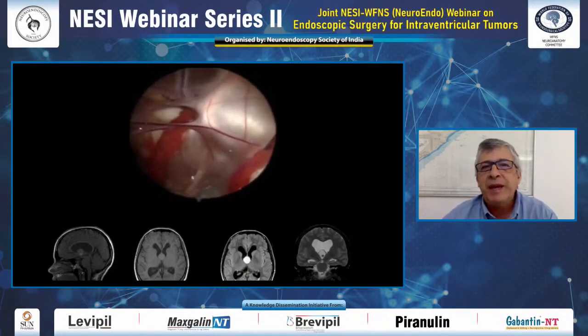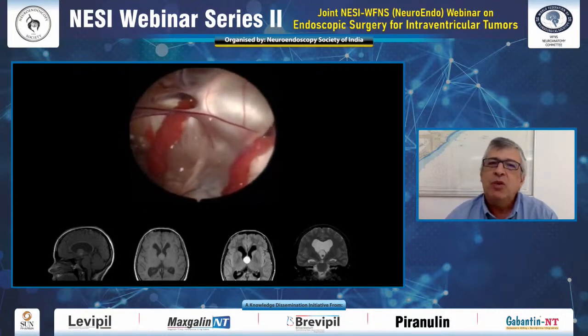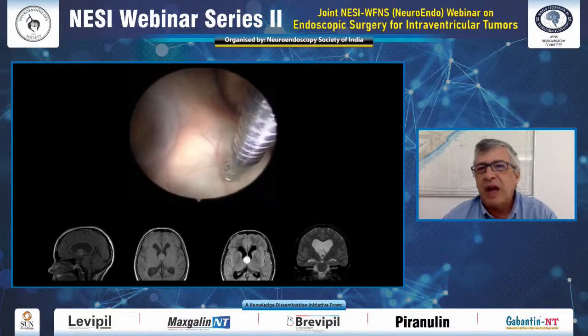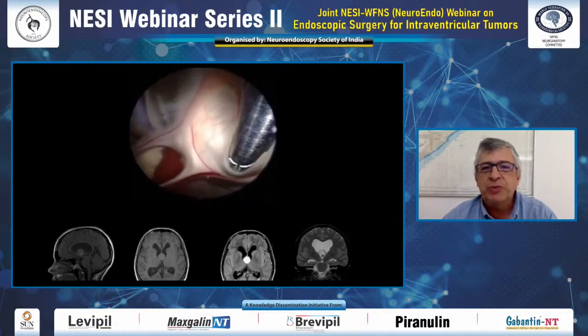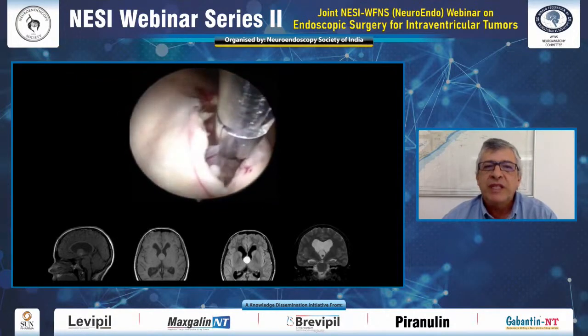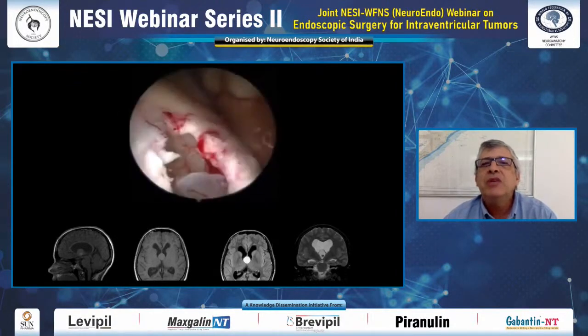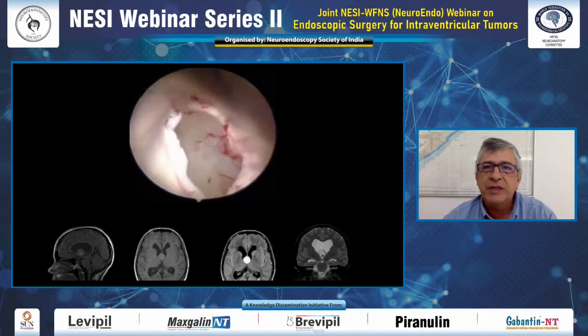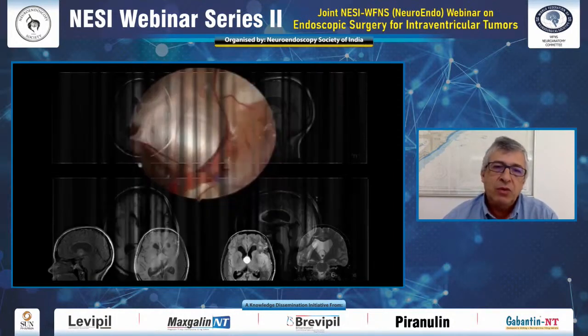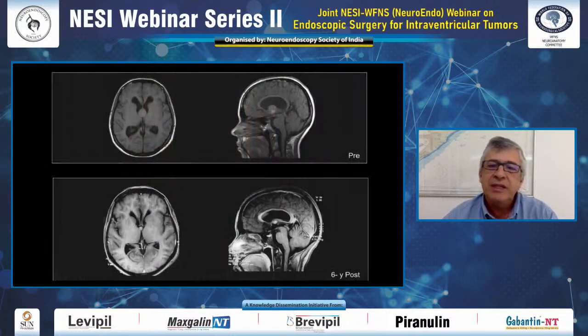You can open the ependyma, then open the capsule of the tumor using CUSA or aspiration. With simple aspiration, you can completely aspirate the tumor, coagulate the capsule, and sometimes you can remove the whole capsule. Sometimes it is forbidden, and you just need coagulation, and here it is six years post-operative. Look, there is a small piece of tumor not growing.